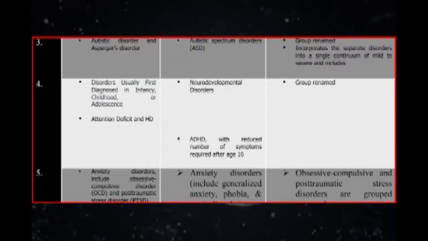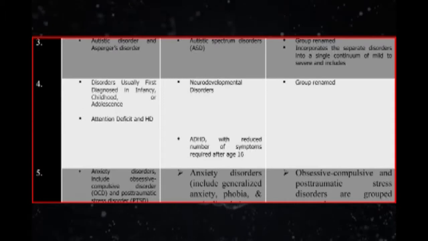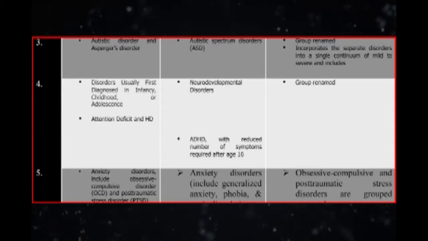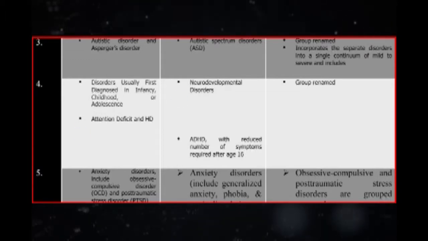Autistic disorder and Asperger's disorder and others were discussed in DSM-4-TR, whereas autism spectrum disorders are discussed in DSM-5. Disorders usually first diagnosed during infancy, childhood and adolescence were discussed in DSM-4-TR, and neurodevelopmental disorders have been discussed in DSM-5. Attention deficit and hyperactivity disorder was discussed in DSM-4-TR. ADHD with a reduced number of symptoms has been discussed in DSM-5 after age 16.